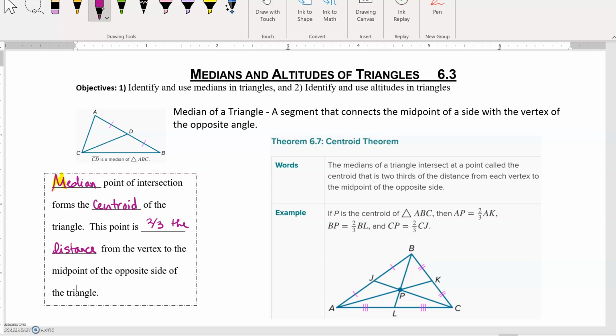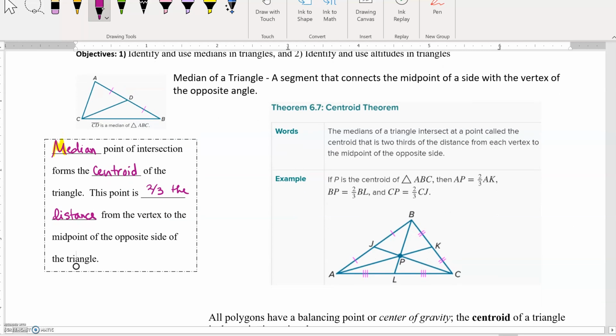And so what that kind of means is that there is a ratio that exists of 1 to 2 among those sides. So if I tell you that PK is 3, then you know that AP is 6, because the shorter one is half of the larger one.